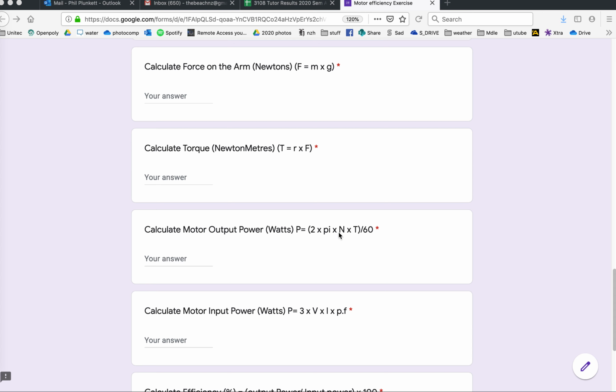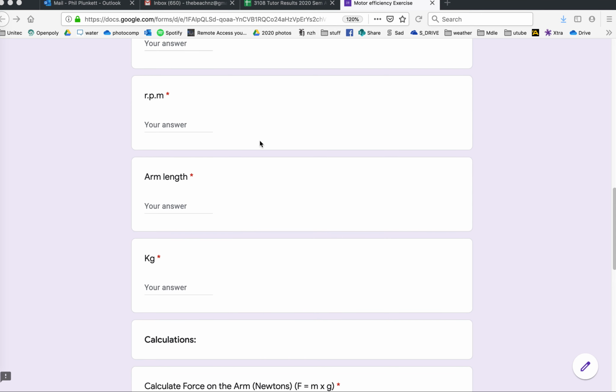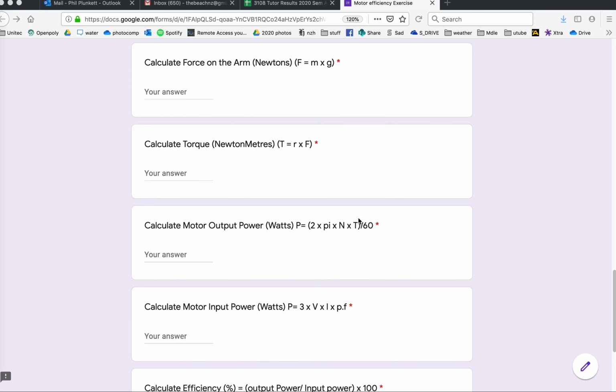RPM, right there. T is the torque. So RPM we know. Got that up here listed. T, torque. We have to calculate torque. We can calculate torque here. Torque is force times, because it's Newton meters, the length of the arm.